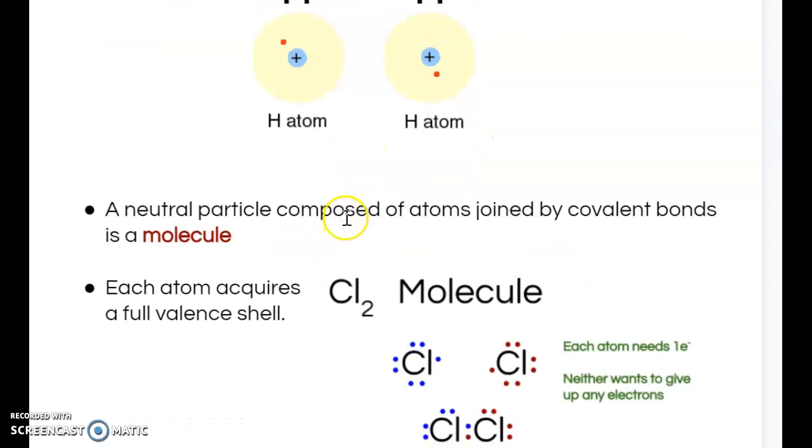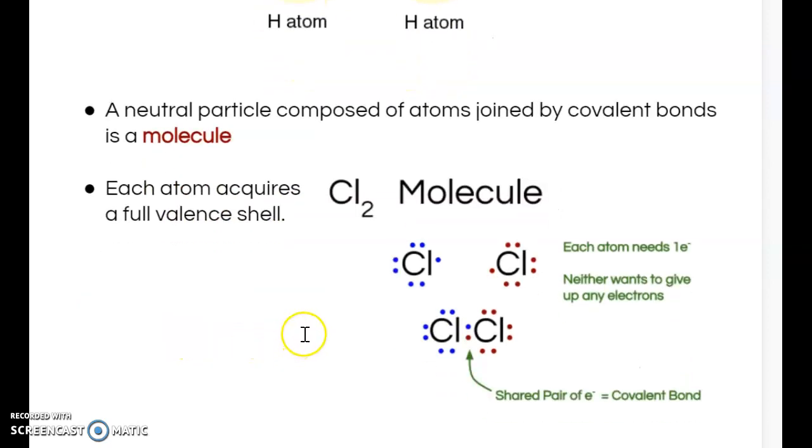A neutral particle again is composed of atoms joined by covalent bonds, and this is called a molecule. Each atom acquires a full valence shell, just like I said. Chlorine, for example, Cl2, not the chlorine atom, Cl2 the chlorine molecule, is a sharing of electrons.